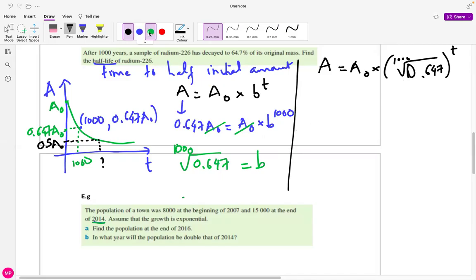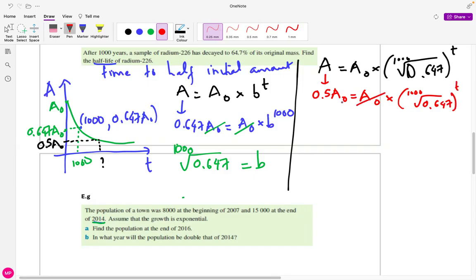Now we're answering the question. So when A equals 0.5 A0, we want to find the time. So we're going to replace A with 50% of A0, and we're going to solve for t. So we let A equal that. Okay. All right.